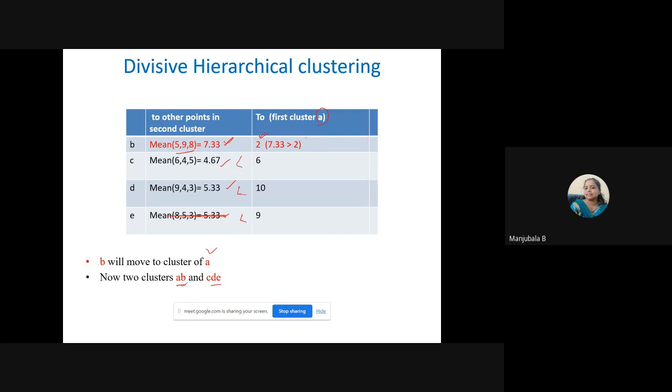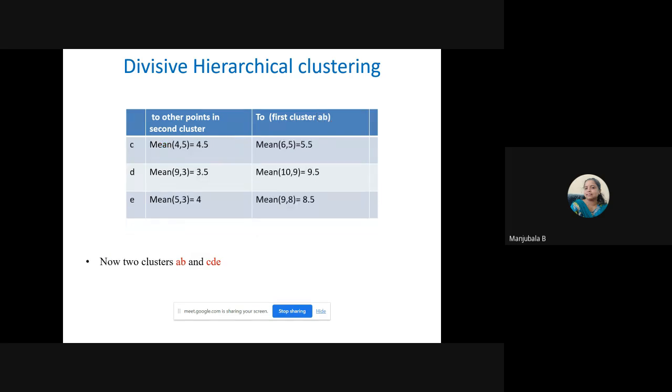The same procedure we will follow until we get the singleton clusters. Again, you see now A, B, C, D, E. For CDE, for C to D and E you will get 4.5, D to C and E you will get 3.5, E to C and D you will get 4.